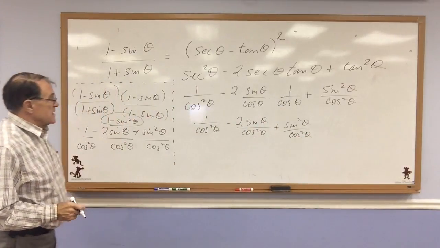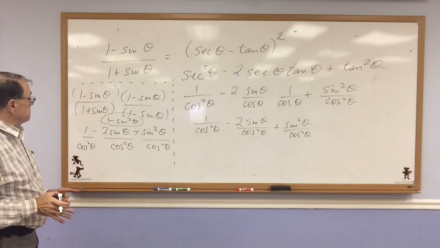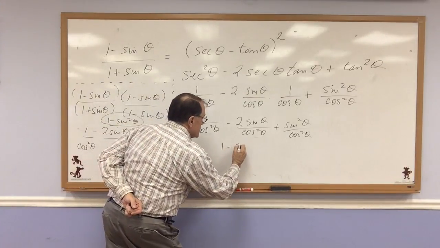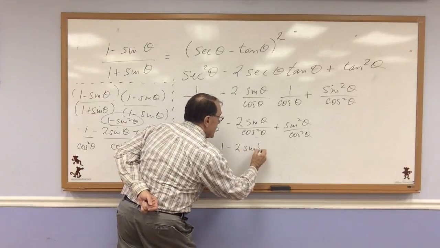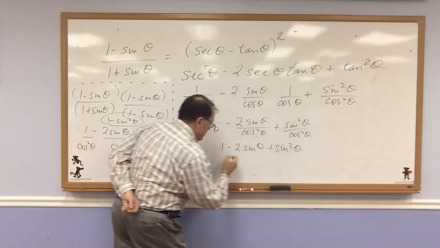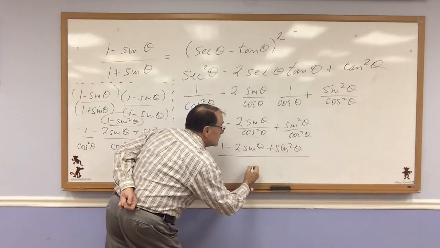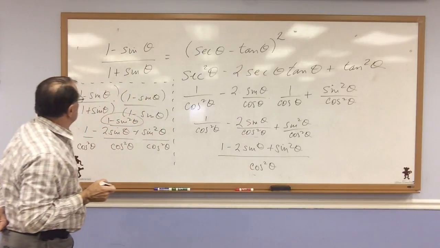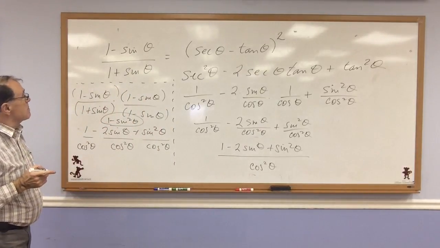And since those denominators are the same, I can put these numerators together as 1 minus 2 sine theta plus sine squared theta over cosine squared theta. I'm almost there now.